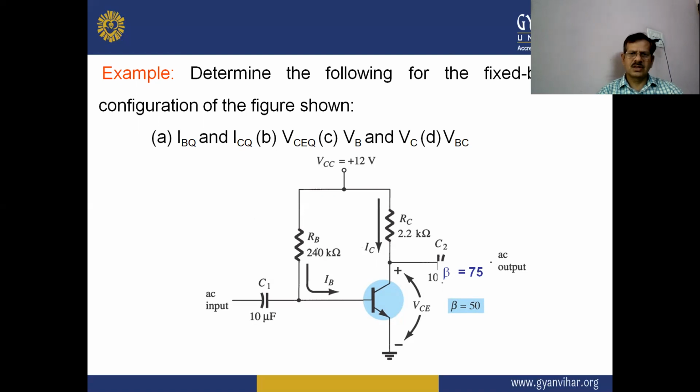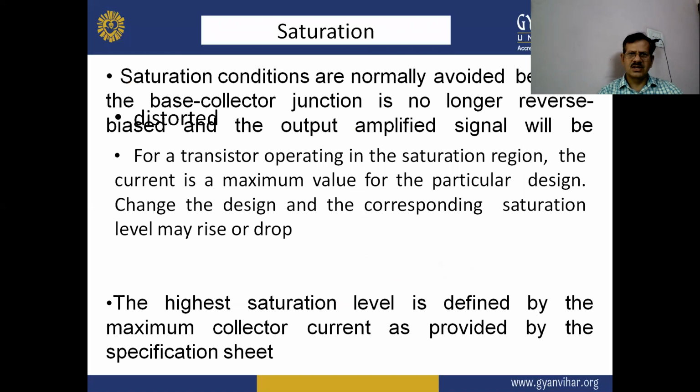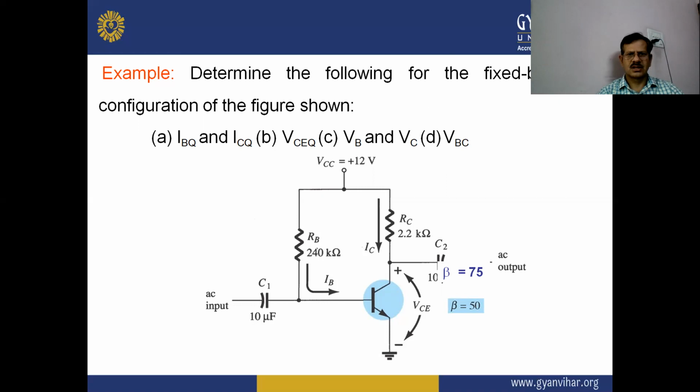And here some values of some components are given, such as beta equal to 75 or beta equal to 50, and value of RC and value of RB and value of C1 and value of VCE. So in this example, we also find these values with the help of this circuit and DC analysis, and we can easily find out these values.